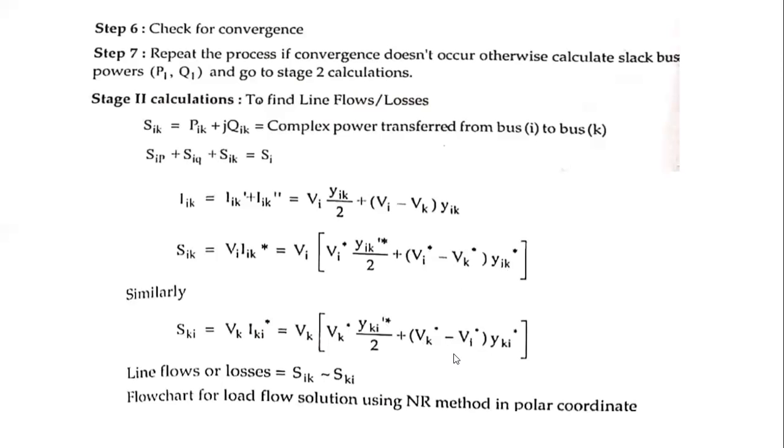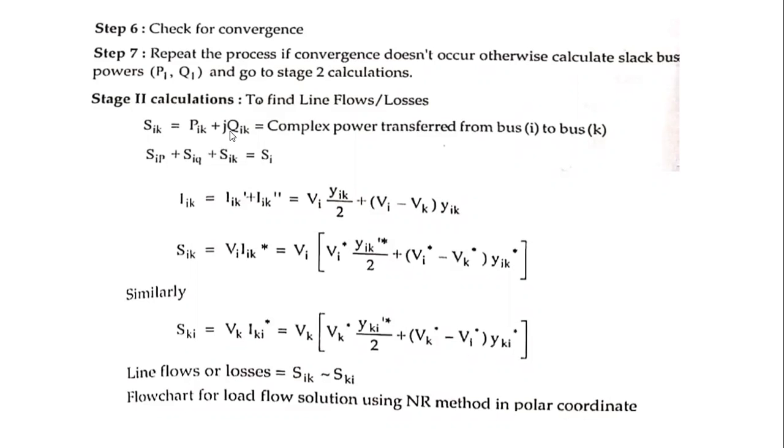This is the SIK and SKI values. Therefore the line flow loss is approximately SIK plus SKI. This is the calculation for the Newton-Raphson method when the PV bus is absent.